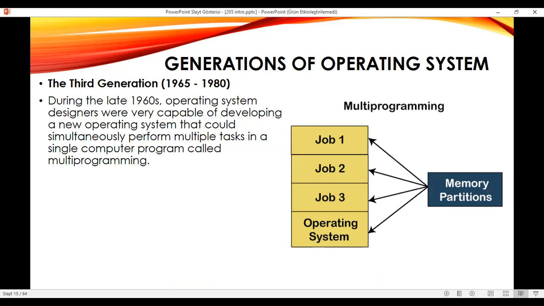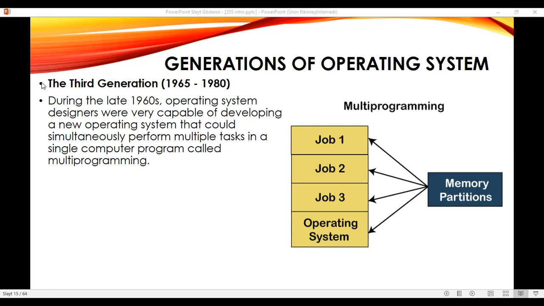In the third generation, from 1965 to 1980, they realized that the batching system is not so useful, because in this case the CPU is doing only one task at a time, and the other tasks should wait.